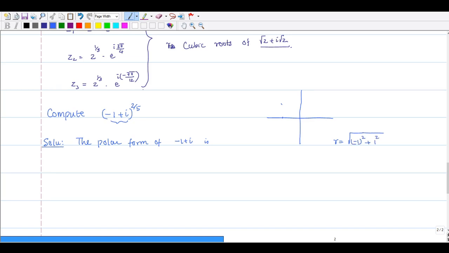Okay, so that is equal to இங்க ஒரு 1 இங்க ஒரு 1 2, so this is equal to root 2. சரி, அதுக்கு அடுத்து வந்து theta which is equal to tan inverse of y by x.